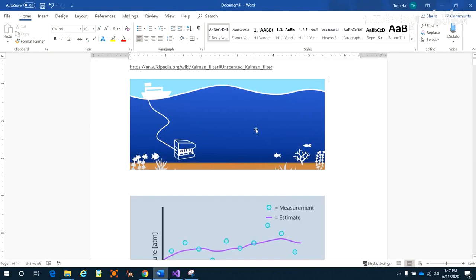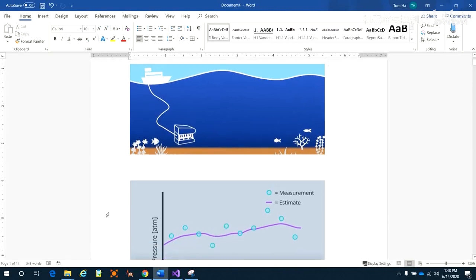For example, you have a robot going into the sea to measure the pressure, but the pressure fluctuates because of the waves under the sea, so you get incorrect data, right? So how does the Kalman filter help you estimate correct data? Here it is maybe the pressure, but in another application maybe the velocity, position, temperature or something different, okay?